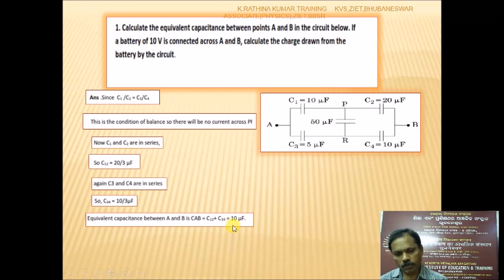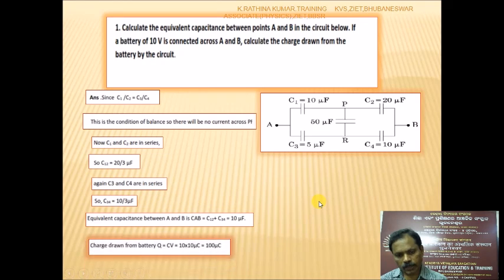When you take the addition, 20 by 3 plus 10 by 3, 3 is common, 20 plus 10 is 30. So 30 divided by 3 will become 10 microfarad.